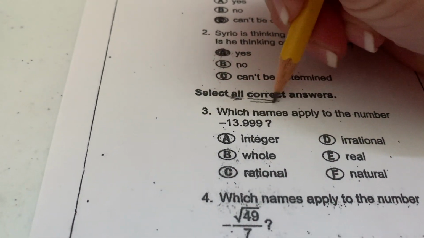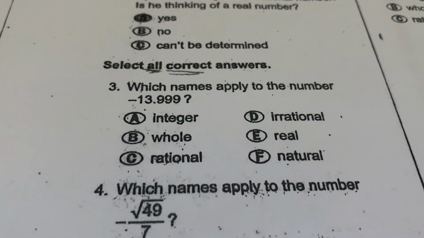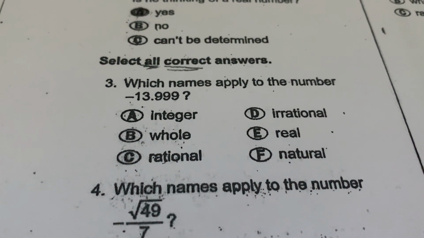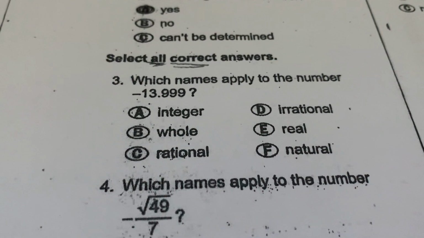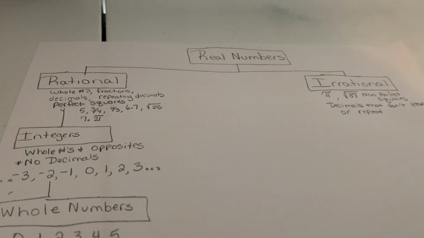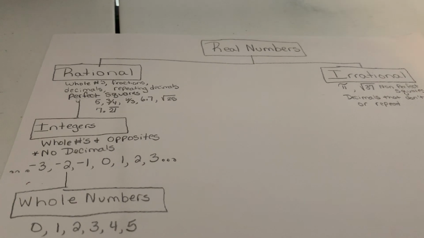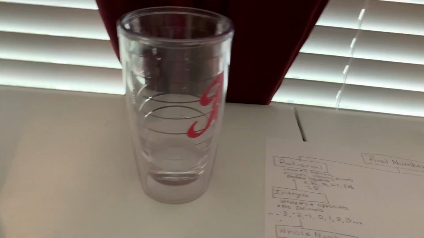All correct. Number 3, which names apply to the number negative 13.999? Well, if we think about our chart up here, the first thing is, is negative 13.999 a real number? Well, it is a real number. So let's find real on here.